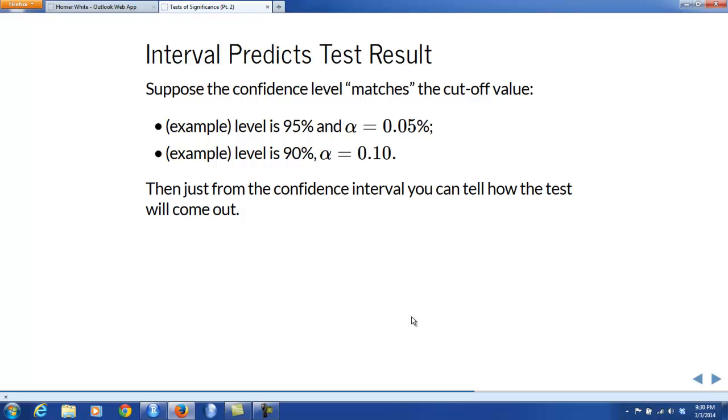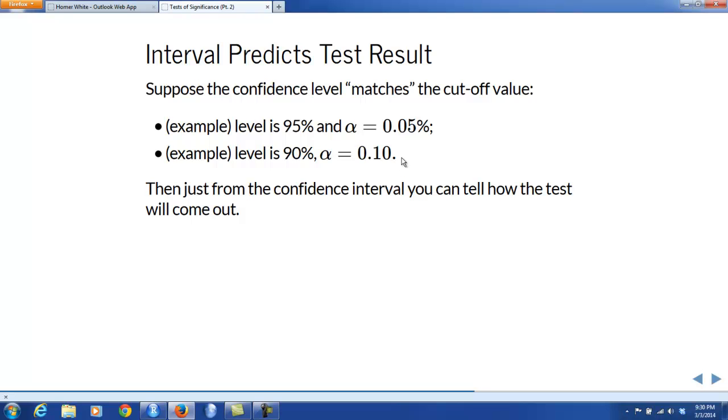Suppose the confidence level matches the cutoff value. So say that you've asked a t-test GC or some other R test function for a 95% confidence interval, and you plan also to have a 0.05 cutoff value. Or say that you're asking for a 90% confidence interval, and you plan to reject the null hypothesis when p is less than 0.10.